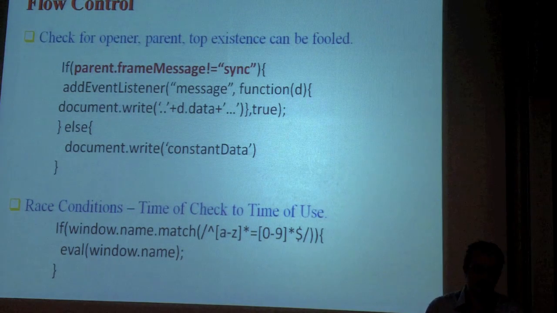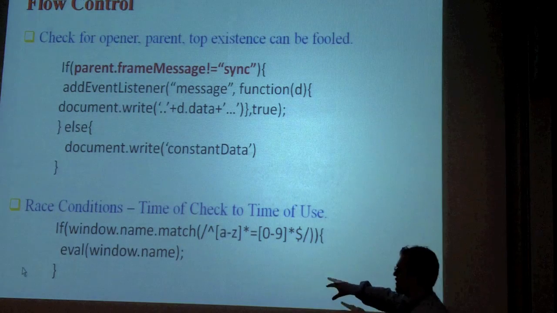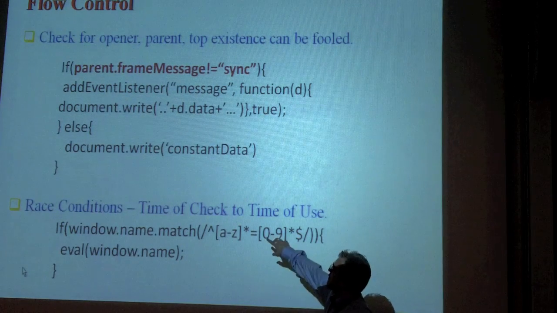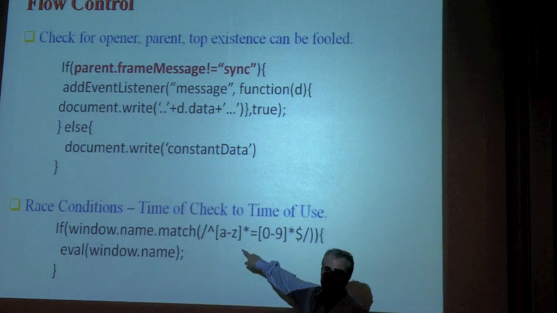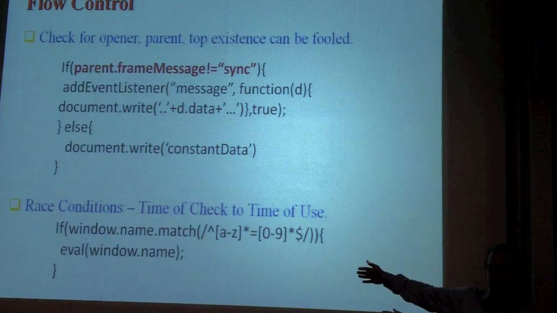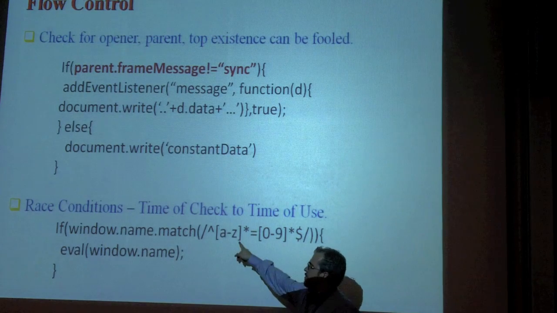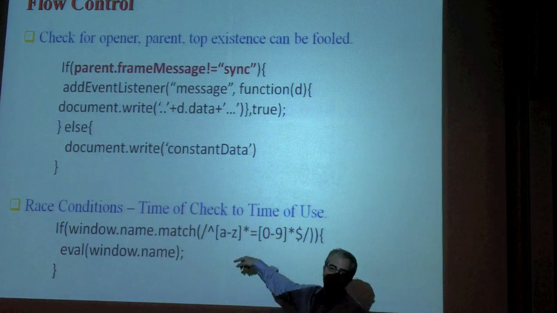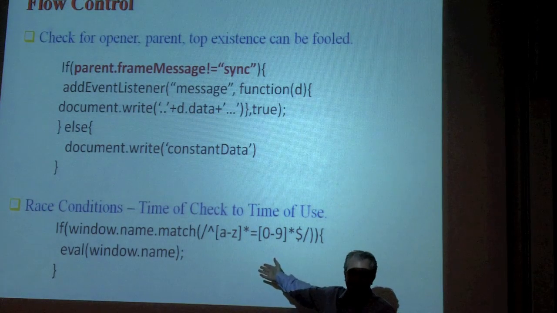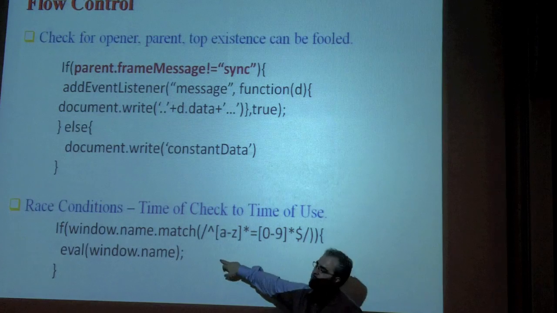In this case, it's not true. It's exploitable. And also, this kind of flow control, well, these are classic time of check to time of use. It's a race condition. If name equals or matches something, which is assigned, so it can be valued.